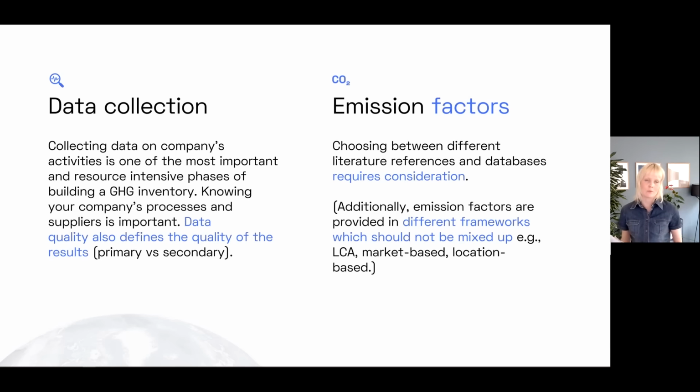So, for example, the diesel example that we introduced previously: in the LCA approach, you would need a different kind of emission factor that tells you the impact of diesel production, burning, and all of the life cycle stages. However, in scopes, we have to use two different kinds of emission factors. But now that you know the difference between the approaches, and you know that you're looking for the specific kind of emission factors, you can be sure that you will collect the right one.